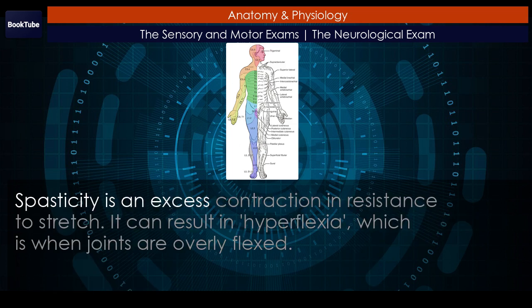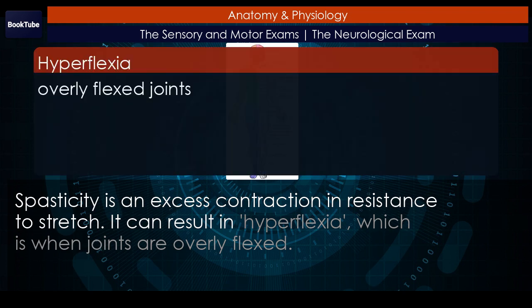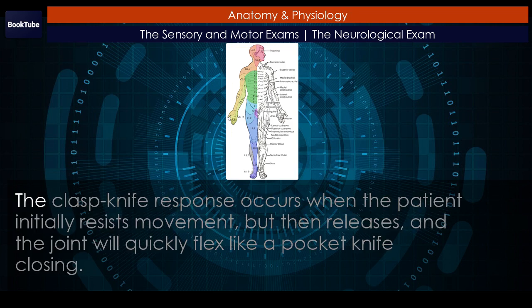Spasticity is an excess contraction in resistance to stretch. It can result in hyperflexia, which is when joints are overly flexed. The clasp knife response occurs when the patient initially resists movement, but then releases, and the joint will quickly flex like a pocket knife closing.